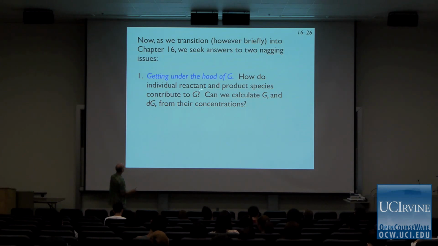It allows us to predict the spontaneity of a reaction under conditions of constant temperature and pressure, but we haven't said how individual chemical species factor into the Gibbs function. So how do individual reactant and product species contribute to the Gibbs function? Can we calculate the Gibbs function and dG from their concentrations?